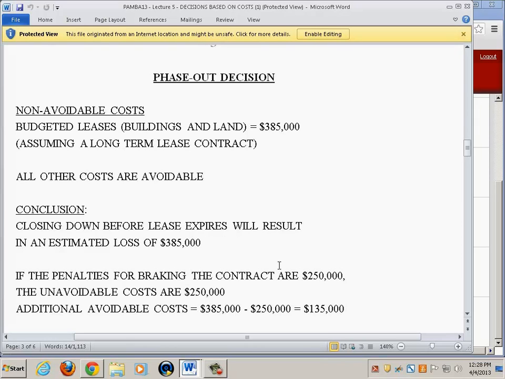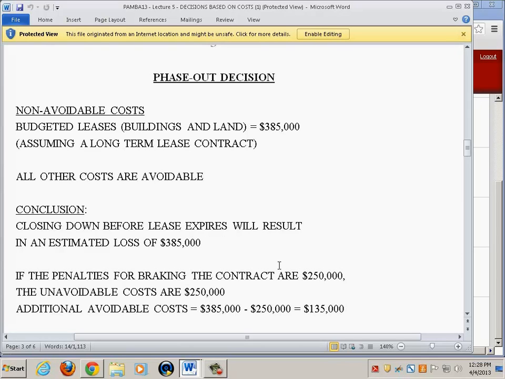Now, in case of our example, which costs are you not going to avoid? Let's assume that for 2013, you figure out that the best you can do is to lose $30,000. But let's assume that your leases expire only at the end of 2013.